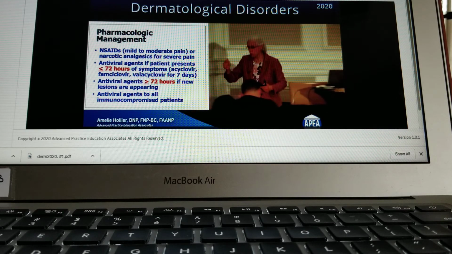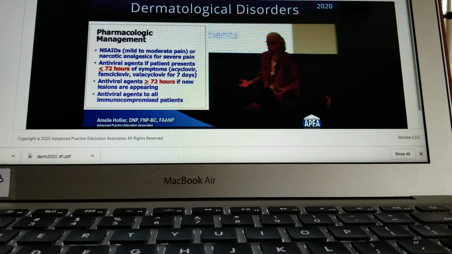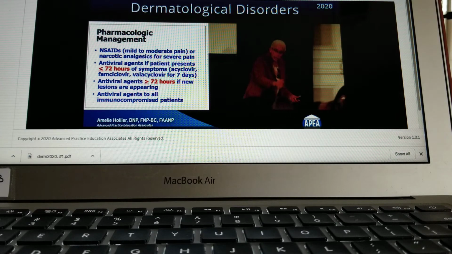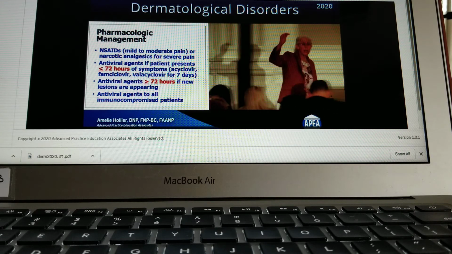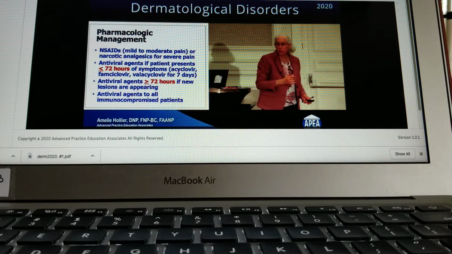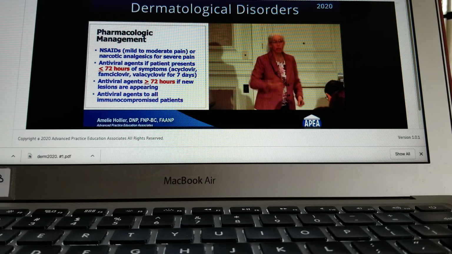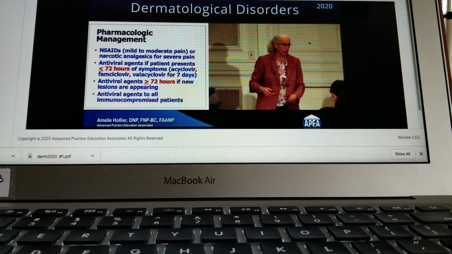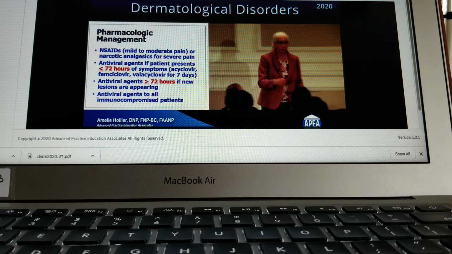So we give an oral antiviral within the first 72 hours of symptoms, appearance of the rash or the vesicles, ideally within the first 72 hours. After 72 hours, the benefit from the oral antiviral begins to drop precipitously. But if they're still having appearance of new lesions, we go ahead and we start the oral antiviral. And we always give an oral antiviral to people who are immunocompromised.